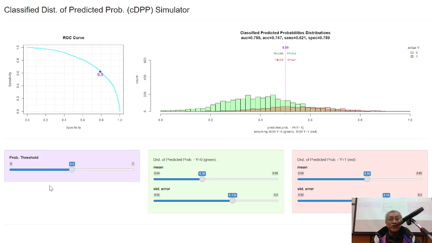If I raise the threshold, you can see that the sensitivity is getting lower. If I put the threshold higher and higher, the sensitivity would reduce, right?